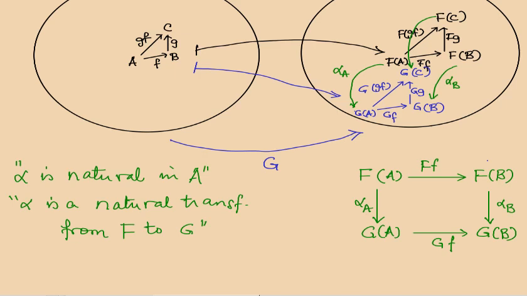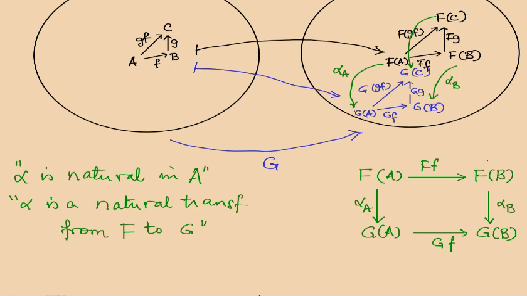Think of two functors from B to Sets. I can define, in any arbitrary way, a function from FA to GA for each A. But defining any such function is not going to work. I'm demanding a little more. What is it that I'm demanding?